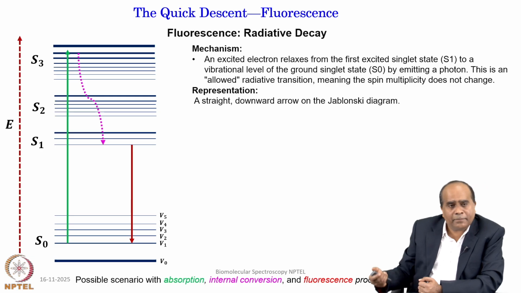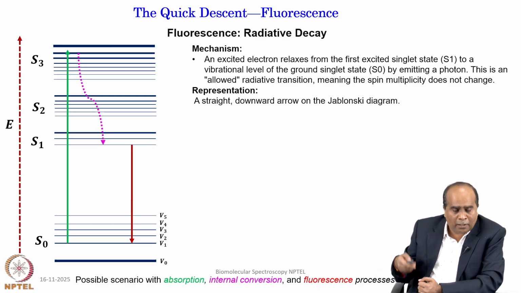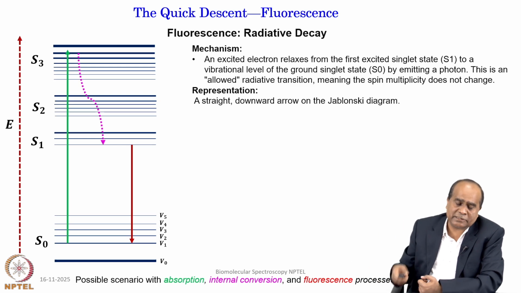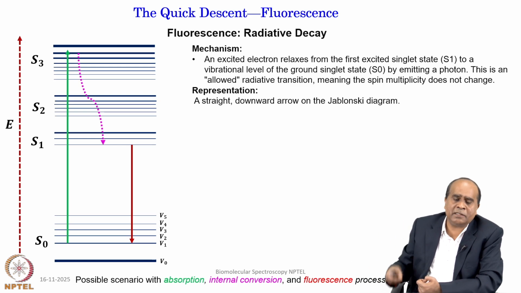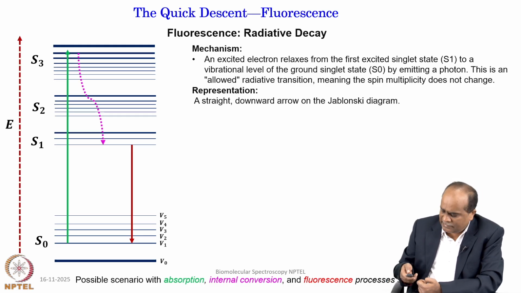But they will not always follow the non-radiative process. Sometimes they follow the radiative process, and that gives a very important spectroscopic phenomenon that we call fluorescence, which is a radiative decay. So, what happens here: by doing all sorts of internal conversion, they have come to the first electronically excited state.